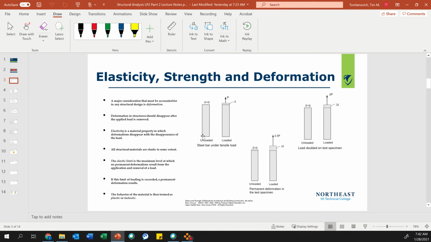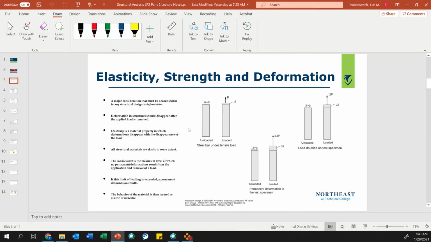When we have compressive stress, we squish it. We have tensile stress, we pull it apart. We have compressive strain, it gets shorter, that change in length is shorter, and if it gets longer, it's tensile strain. So those two are related, okay?